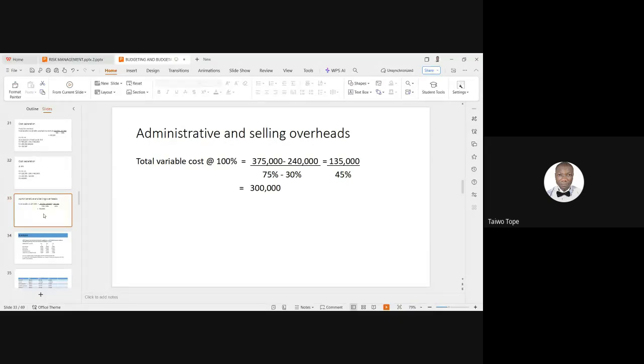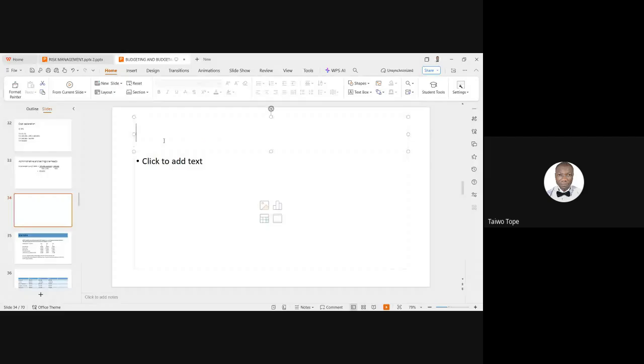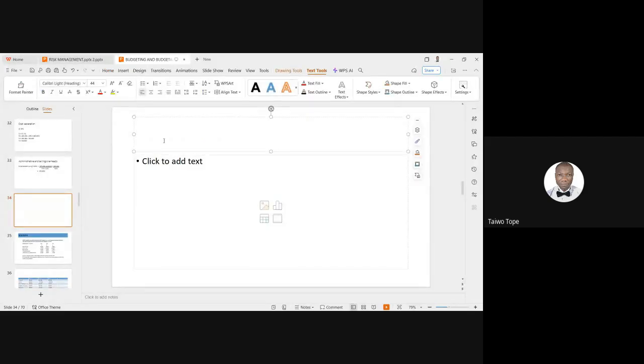Based on what has been presented to us, we'll draw up a budget. You come up with the heading. The name is Topeola Limited. Flexible budget.